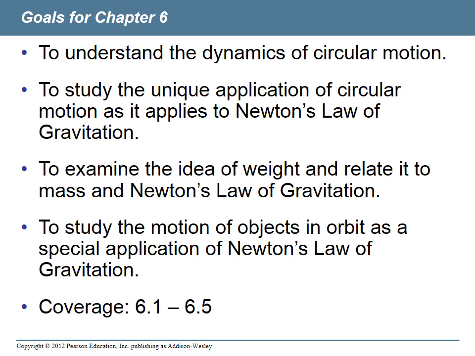I know in the past, we were looking back at the chapter 4 material, we were talking about action-reaction pairs. There was an apple and there was a force of the earth on the apple, and the reaction to that was the force of the apple on the earth.